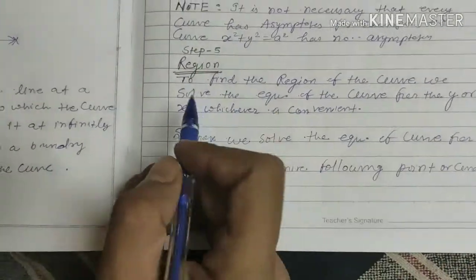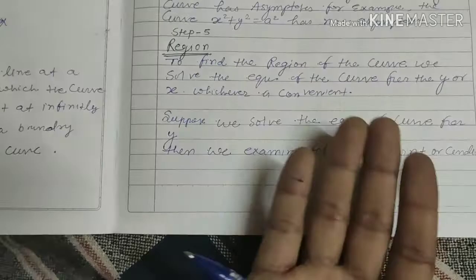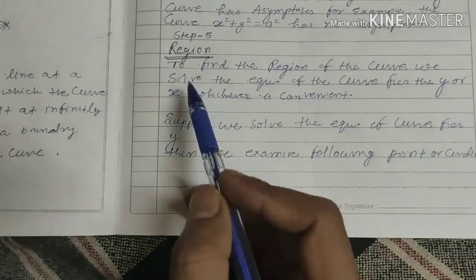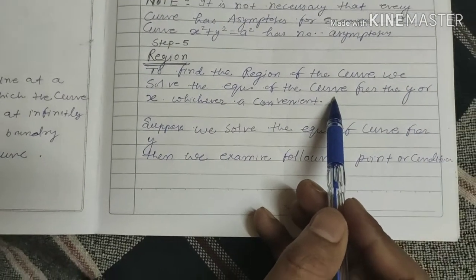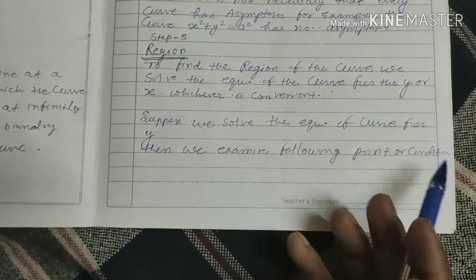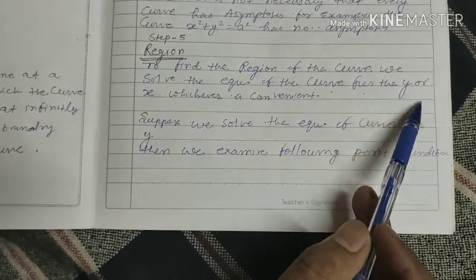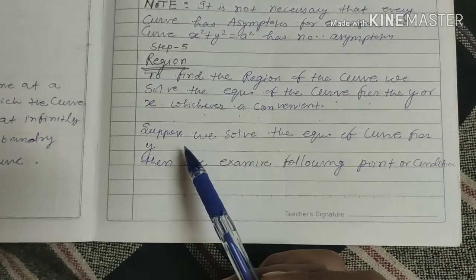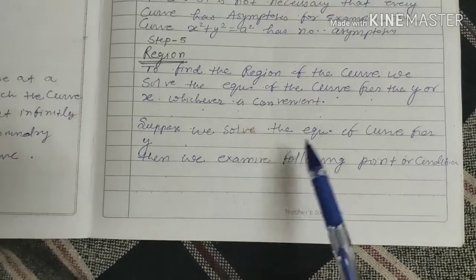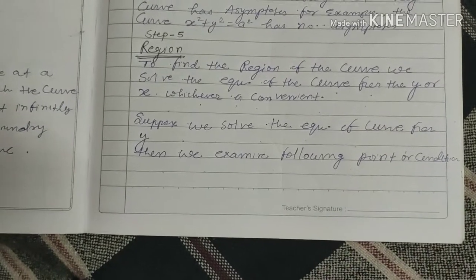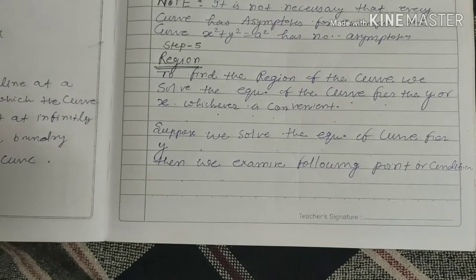To find the region of a curve, we first solve the equation of the curve of every geometrical figure for y or x, whichever is convenient. Then we have to examine the following points or conditions.